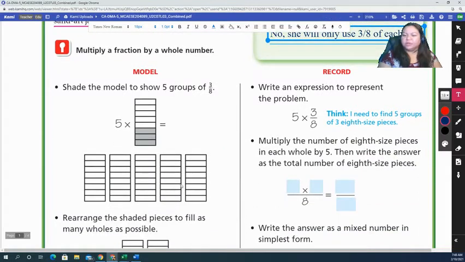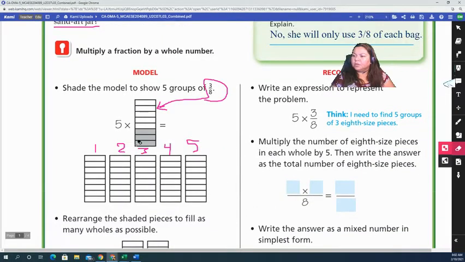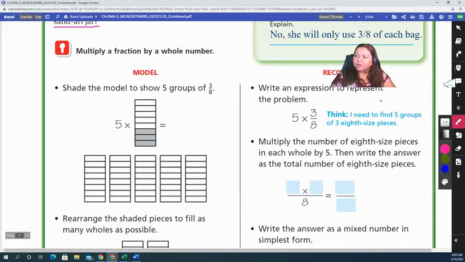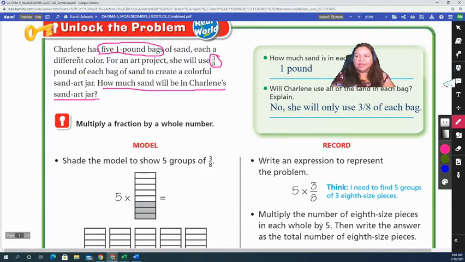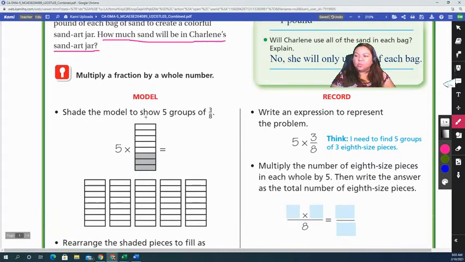We're going to just quickly create a model so that we can picture this. Okay, so here is our model. We're going to do the model section first, and then we're going to do it without the model. So here it says 5 times, and then we have a model. The reason why we have 5 is because it says that Charlene has 5 1-pound bags. This model represents 1-pound bag.